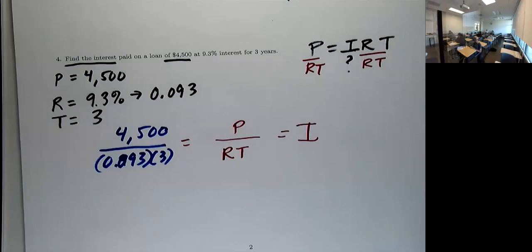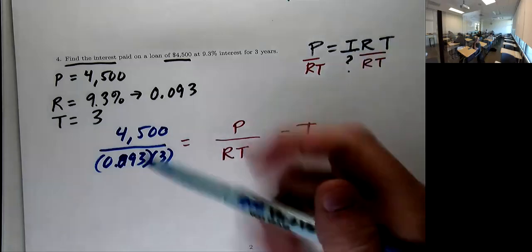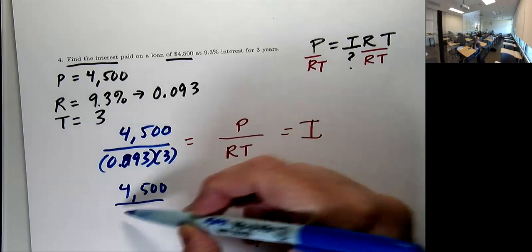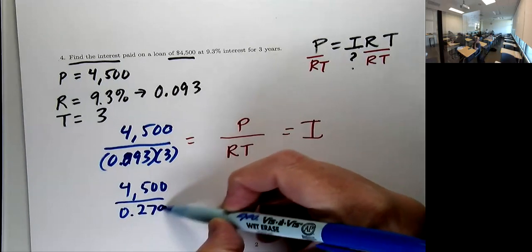The value right here, 0.093. Now, we're supposed to do the things that are together first. So we can do the 0.093 times the 3 first. And on the bottom, I'm getting 0.279.